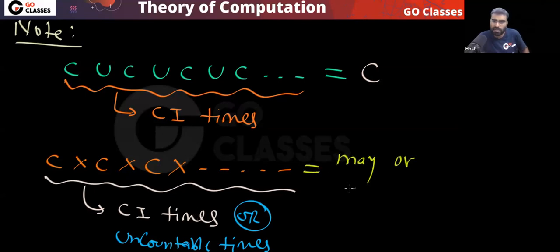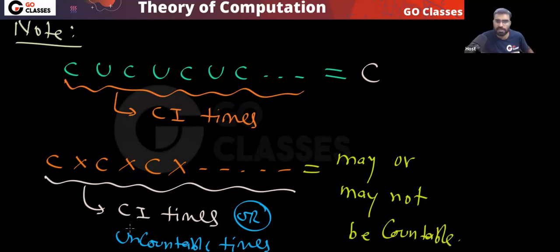Is this clear? The result may or may not be countable. Please tell me.